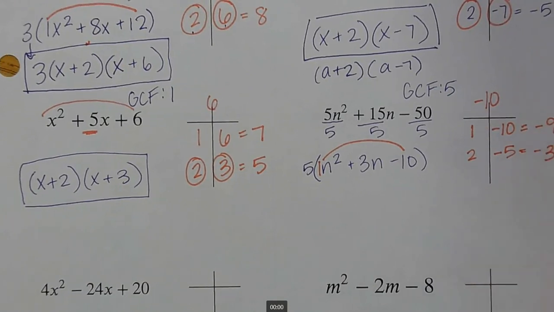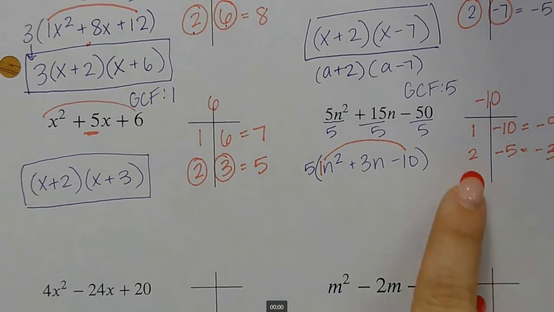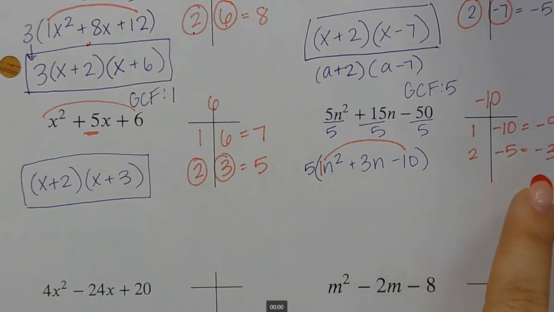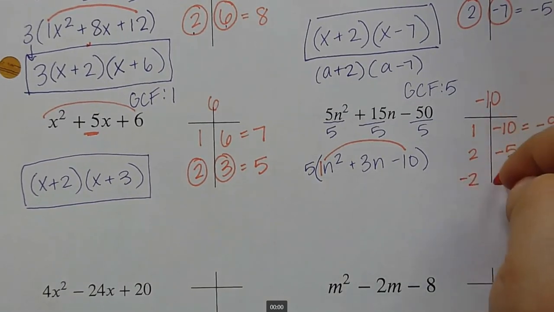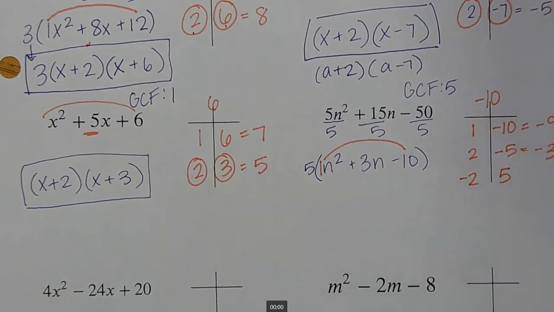So here's the deal. When you get two numbers like this, and they give you the correct number for b, but the wrong sign, here's what we can do. Isn't it true that -2 times +5 is still -10? What's -2 plus 5? Positive 3. It's +3.